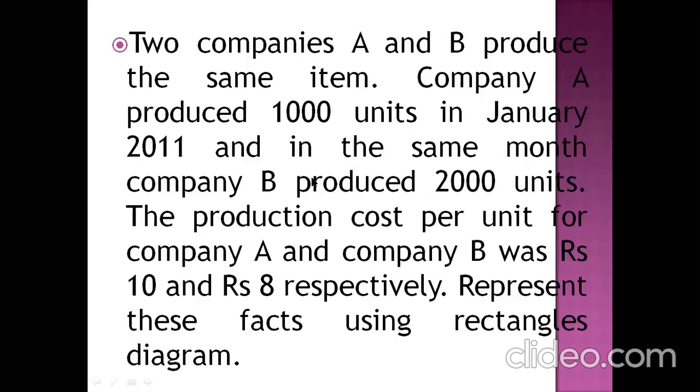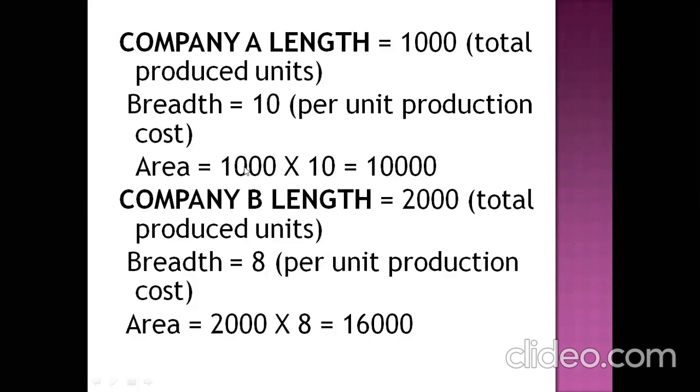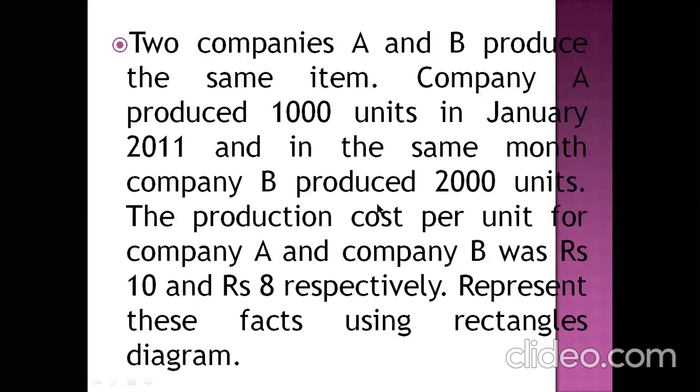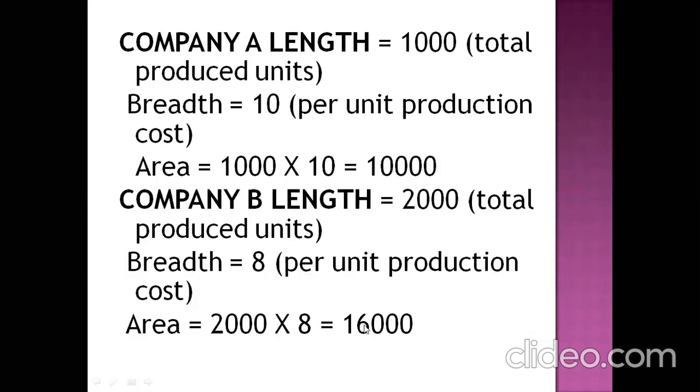Now area is L into B, we know it. So LB is equal to 1000 into 10, that is 10,000. Now company B also I have calculated: 2000 units are produced, 2000 into 8, that is 16,000. So we have to represent it in a rectangular diagram. How to do, I will show.